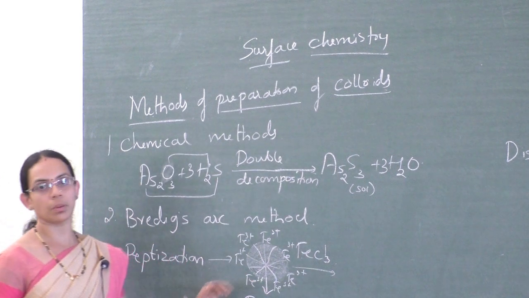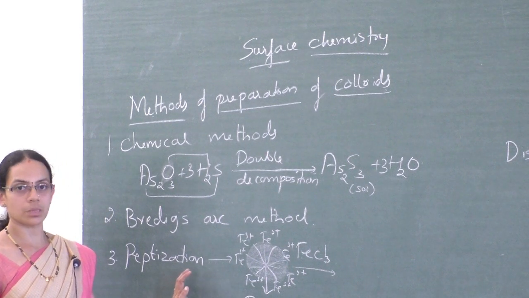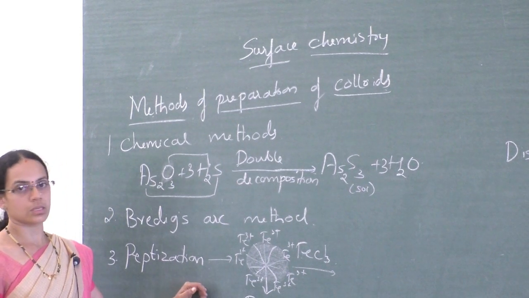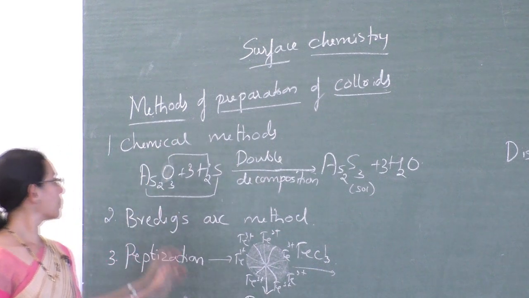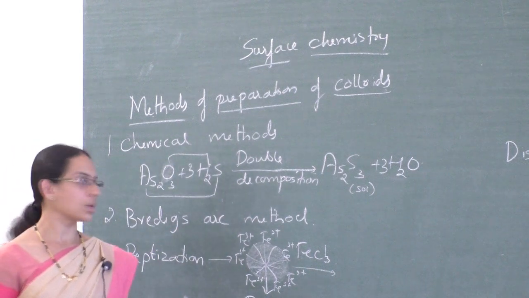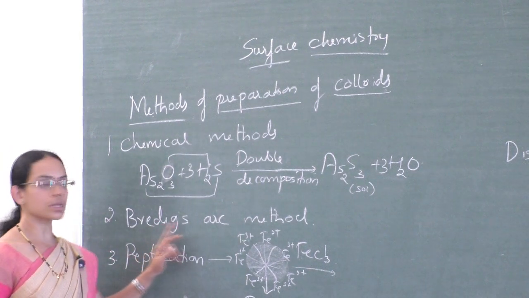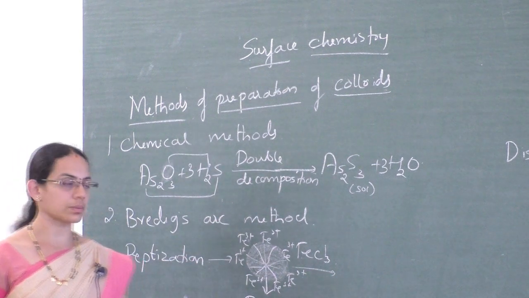This is how we can prepare a colloidal sol from the freshly prepared precipitate, that is called peptization. So these are the three methods of preparation of colloids: chemical methods, Bredig's arc method and peptization. Here the important ones are Bredig's arc method and also the definition of peptization.